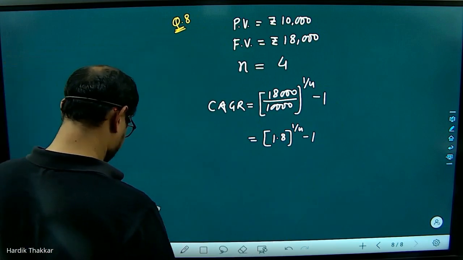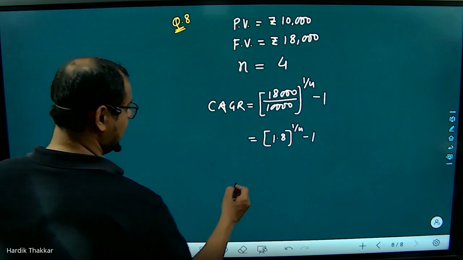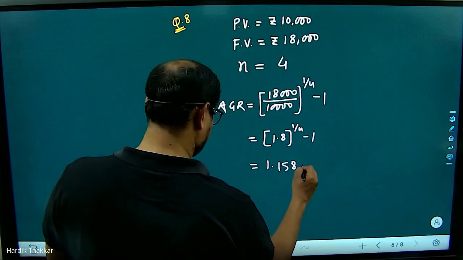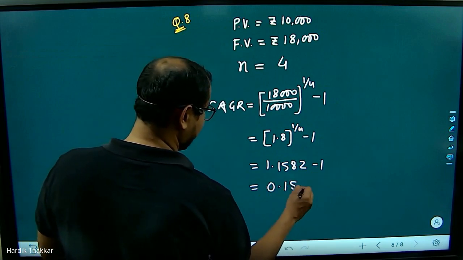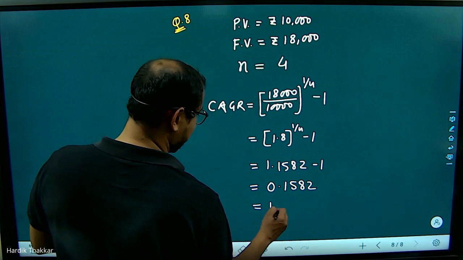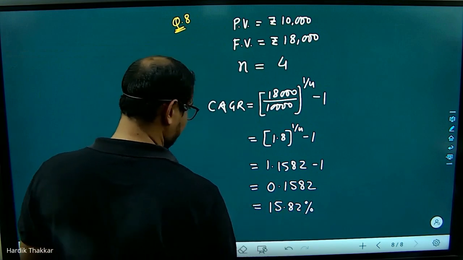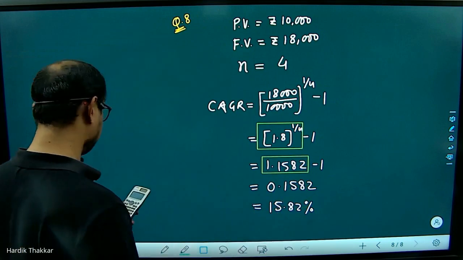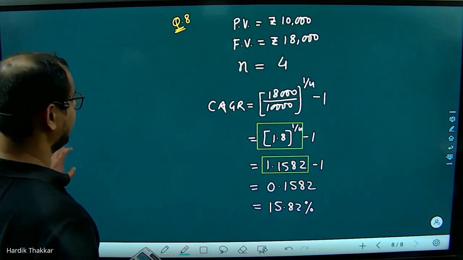So 1.8 to the power 1 by 4 will be 1.158 minus 1. So it will be 0.1582. In percentage, it will be 15.82%. Okay. Now for question number 9.